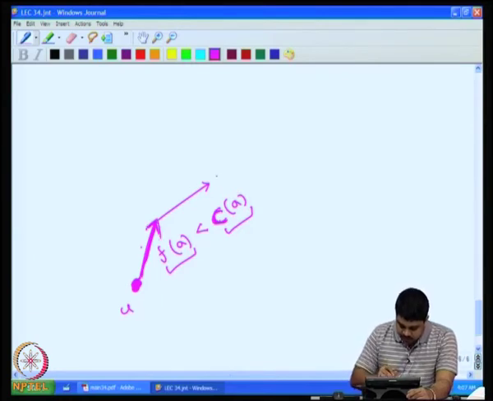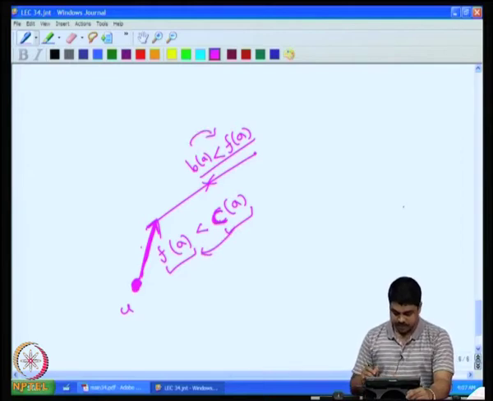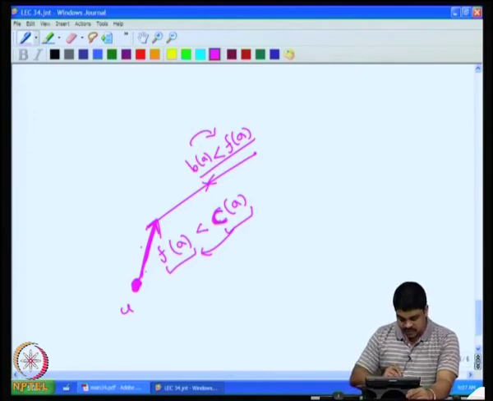On the other hand, if the arc is a backward arc, we will see whether the value of the function is strictly greater than b of a. This is what we look at, whether this is strictly less than c of a or this is strictly greater than b of a.